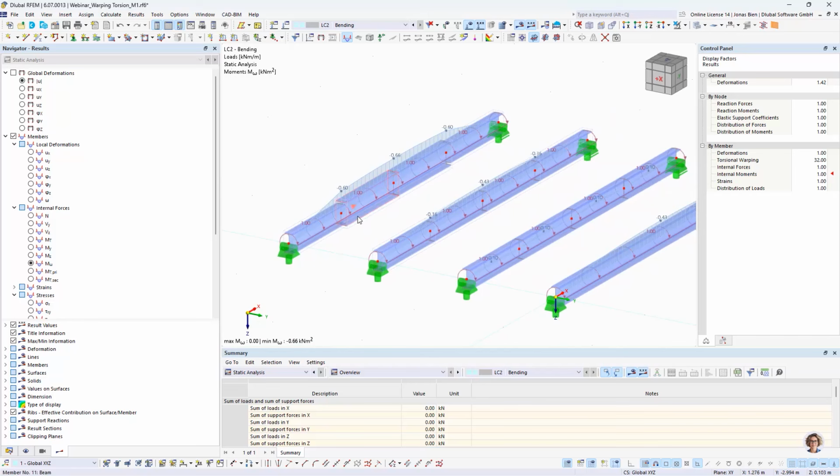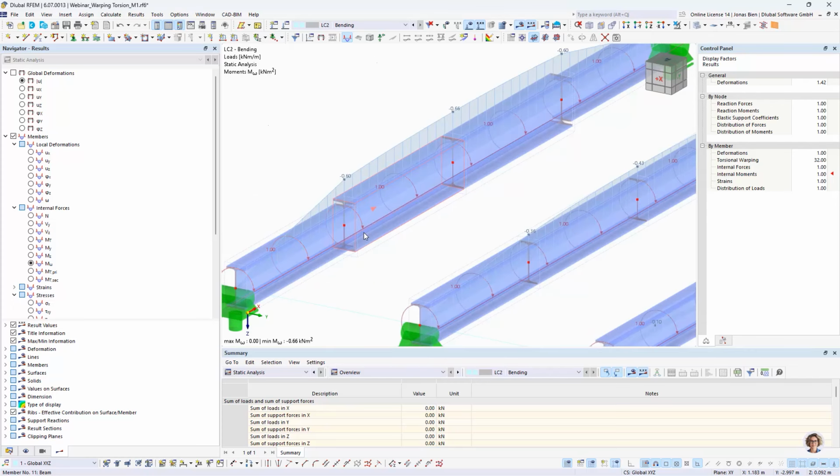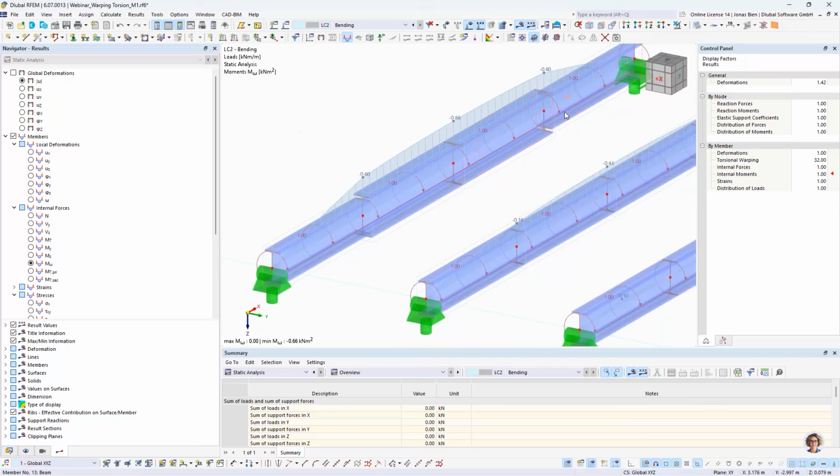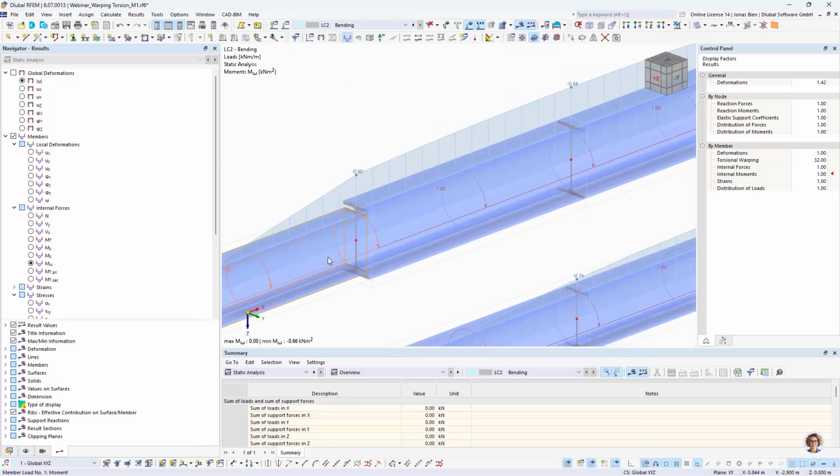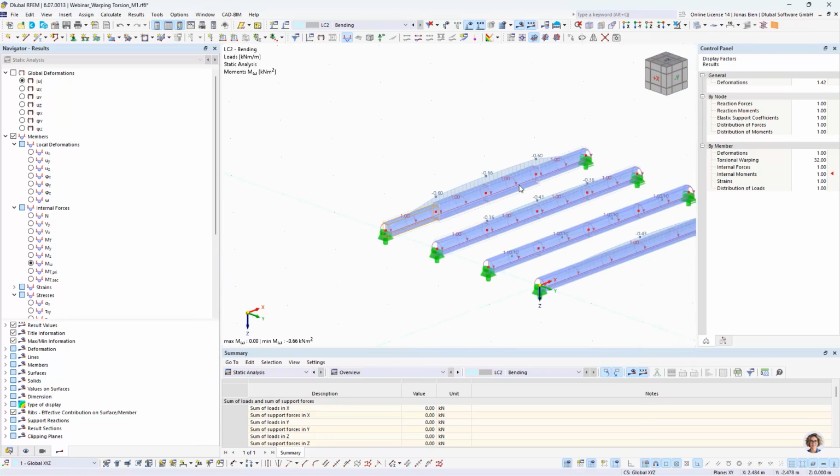If we are in doubt or have no idea how the warping should be coupled, it's often just engineering judgment. Probably this beam would also be loaded in bending, so you would definitely put an end plate here, or you would elongate the flanges of the smaller section into the larger one.